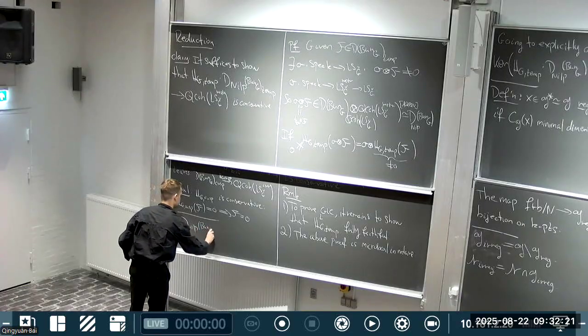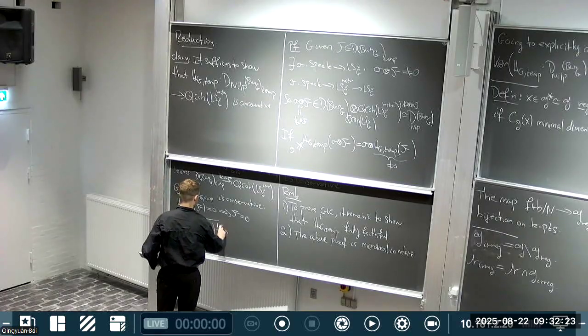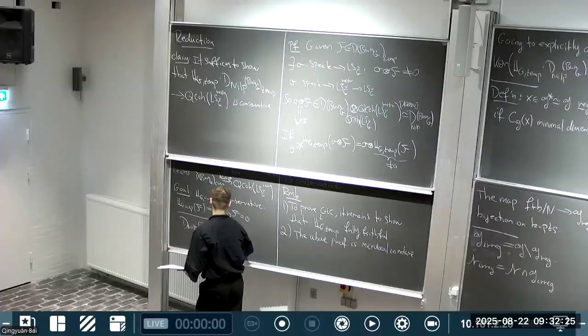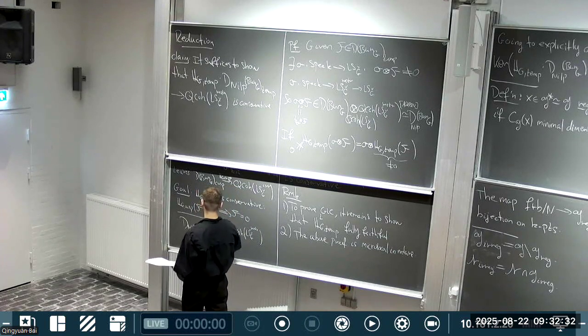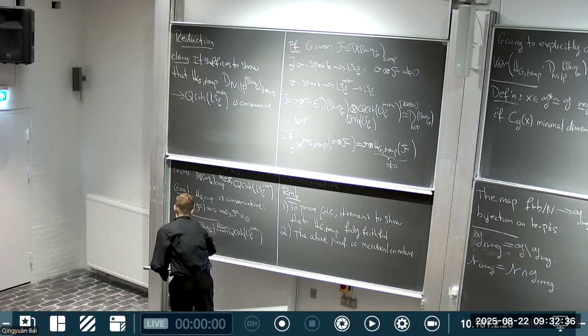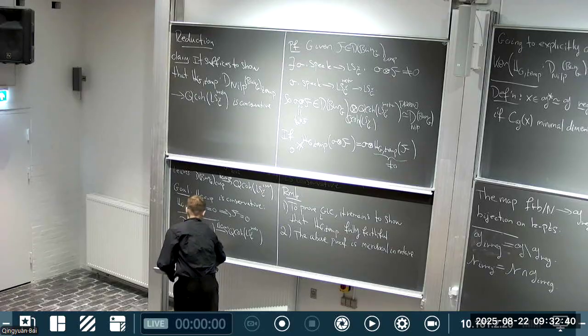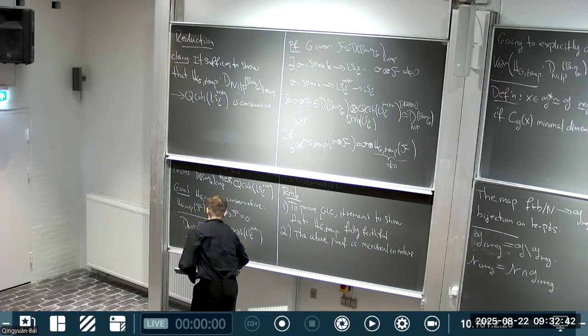This is why I haven't really specified what I mean by this particular functor, because the assertion is that this functor here is just including into Bun G and applying the usual Langlands functor.